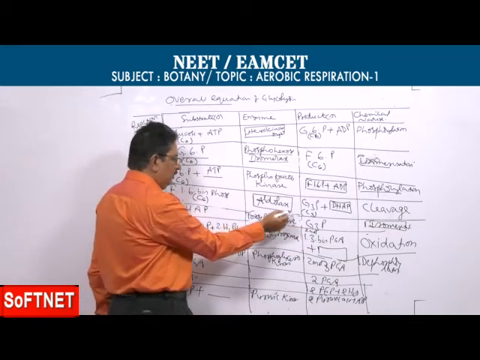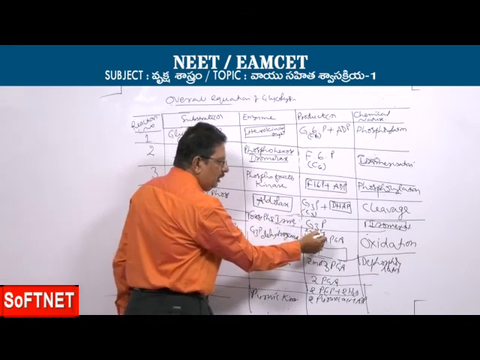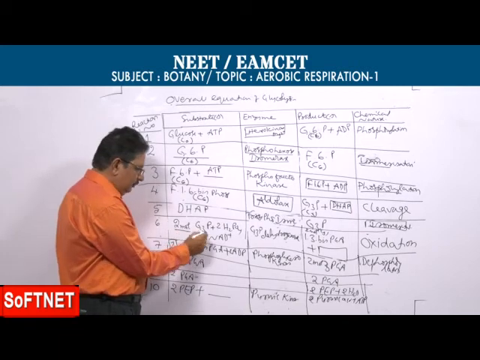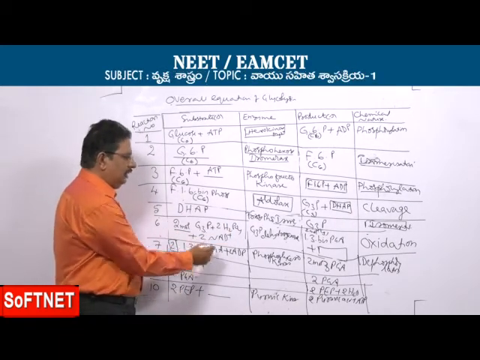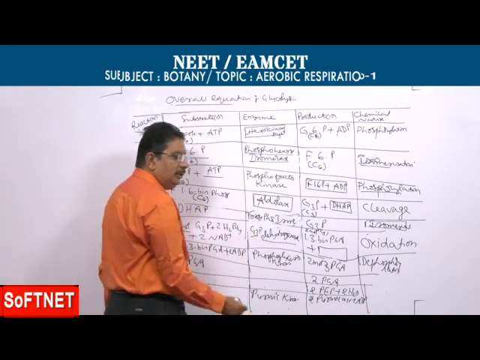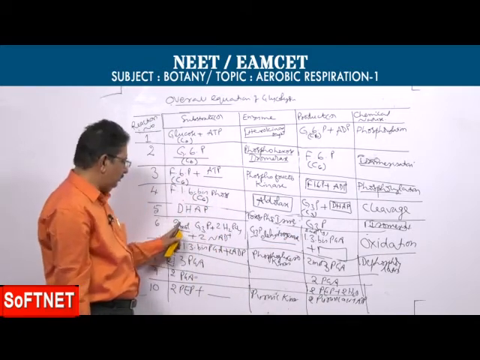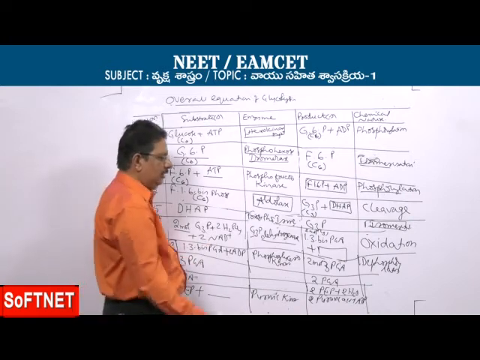So, altogether with the completion of the fifth reaction, how many G3Ps are available? 2. So, let us take 2 molecules of G3P, 2 H3PO4 and 2 NAD plus in the presence of the enzyme G3P dehydrogenase. There is a removal of hydrogens from G3P, and acceptance of hydrogen by NAD plus.